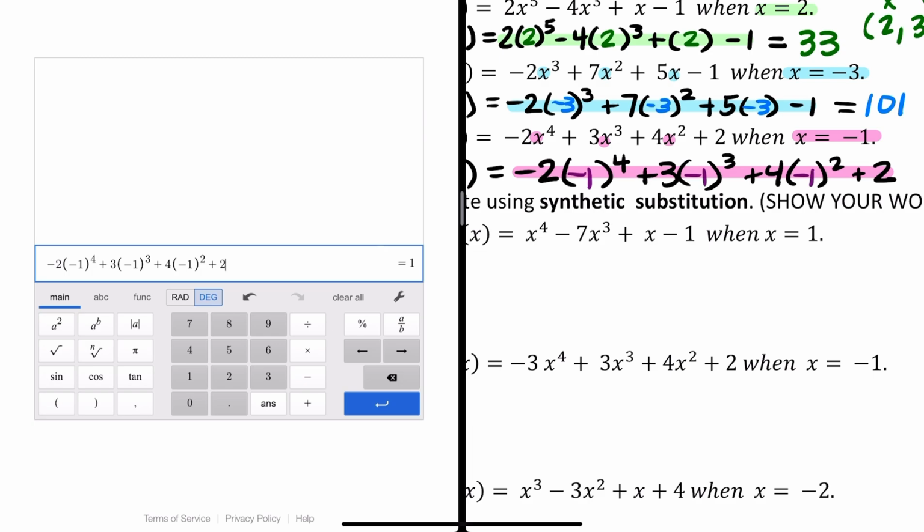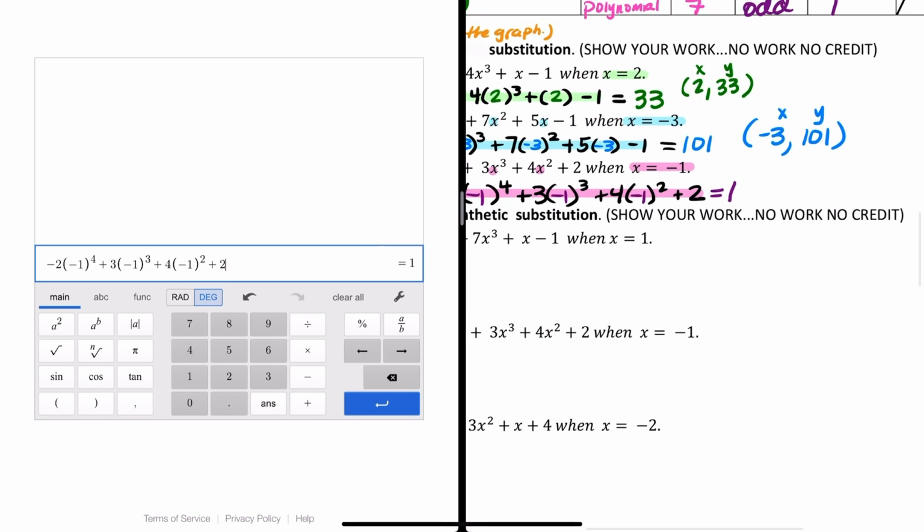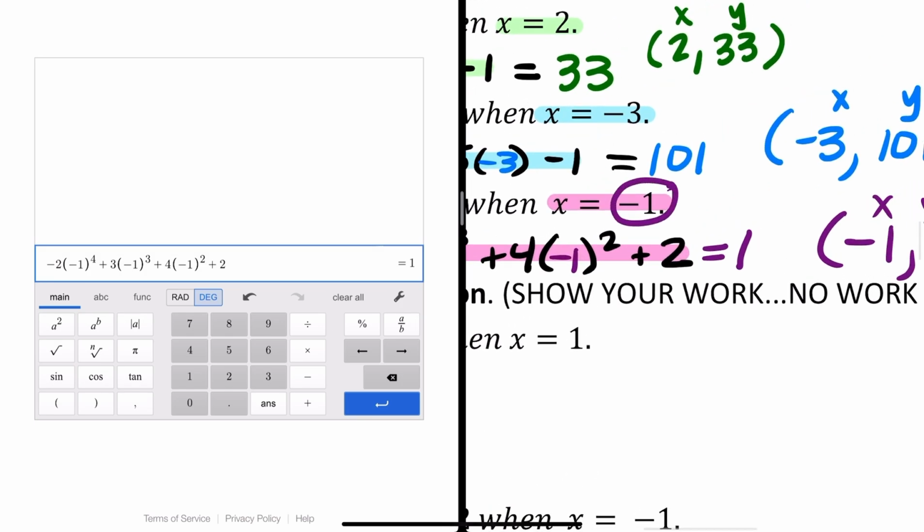And I got 1. So this equals 1. Final answer is that this point will be -1, comma 1. There's my x and my y. Remember, the x was given to us, but you can choose your own x's for your graph.